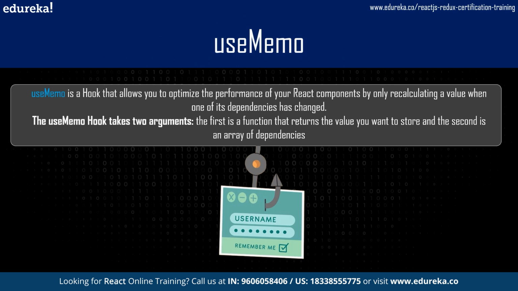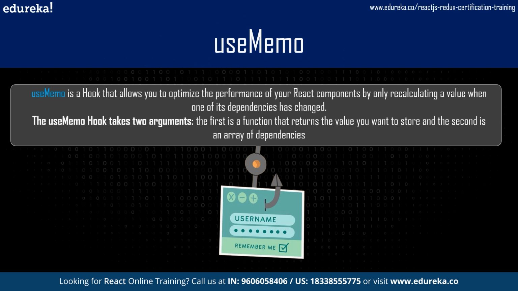Here, the useMemo hook takes two arguments, as previous hooks do. The first one is a function that returns the value you want to store, and the second one is an array of dependencies. The function is only called when one of the dependencies has changed. If none of the dependencies have changed, the previous value is returned instead of recalculating the value.